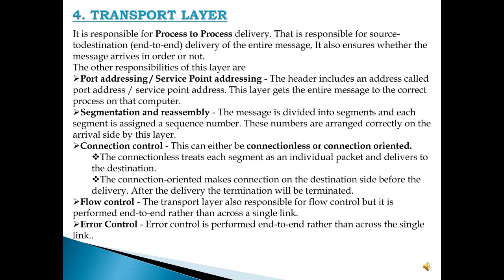The connectionless treats each segment as an individual packet and delivers to the destination. The connection oriented makes a connection on the destination side before the delivery. After the delivery, the connection will be terminated.